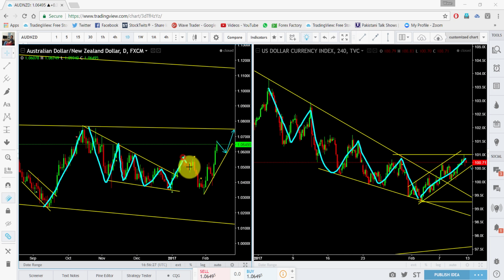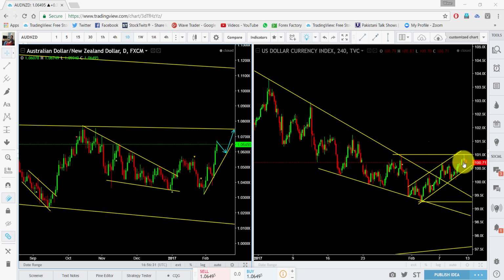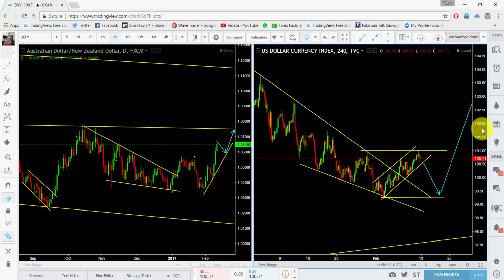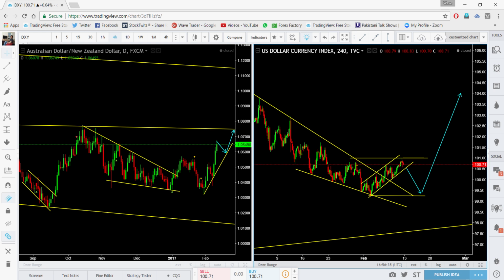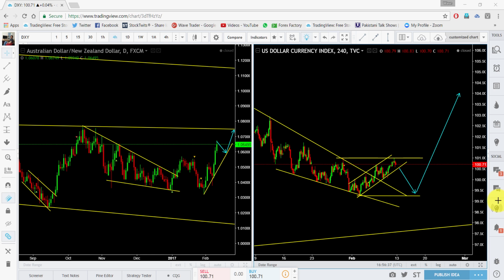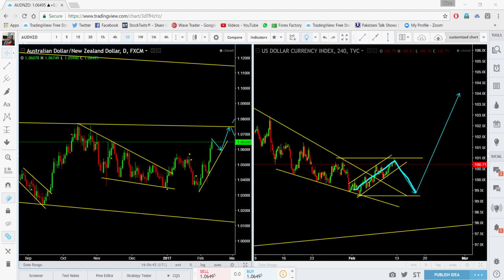This is the move which I'm anticipating on this pair. It broke up correctively, then goes back, forms a bottom here, and then continues to the upside. Quite similar to this.